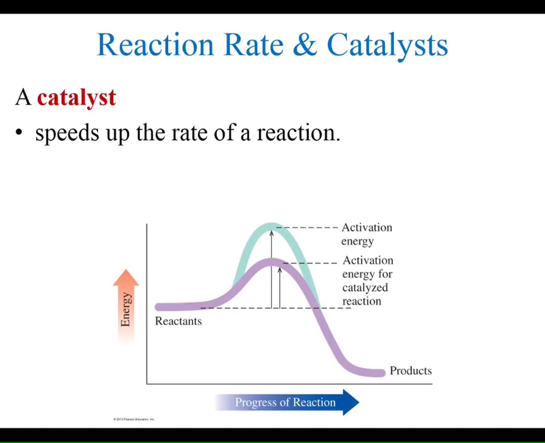It makes the hump not as big. So if this was the activation energy before the catalyst, maybe this is the activation energy after the catalyst, the lower hill. So it just makes it easier for you to get from reactants to products. Now, it won't change the reactants, it won't change the products, it just makes you get there faster between the two.